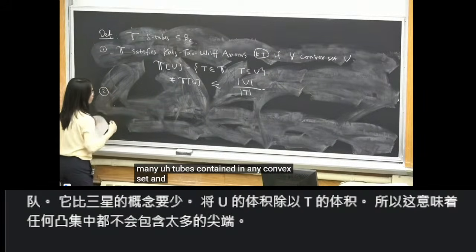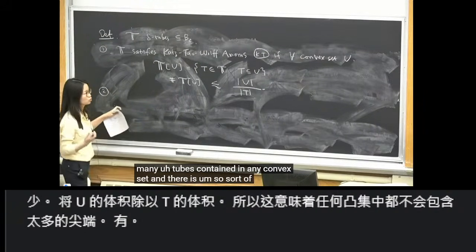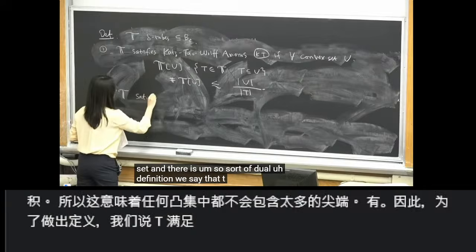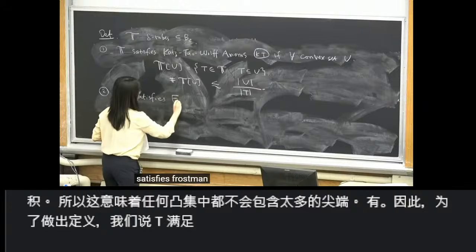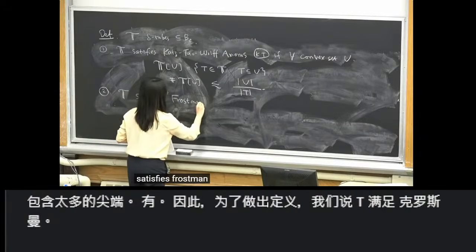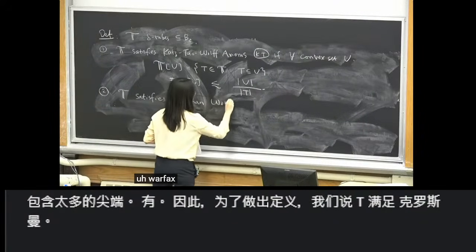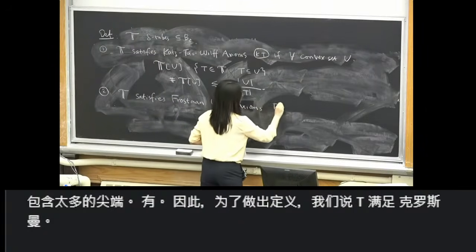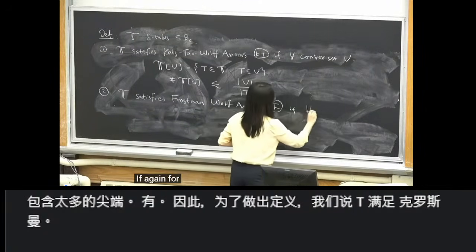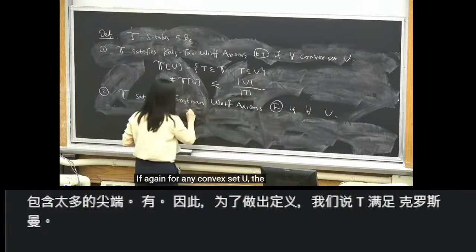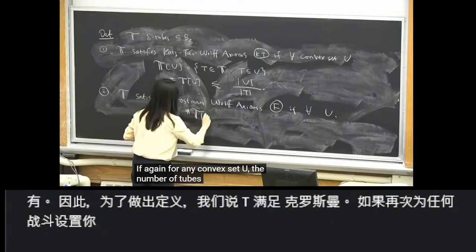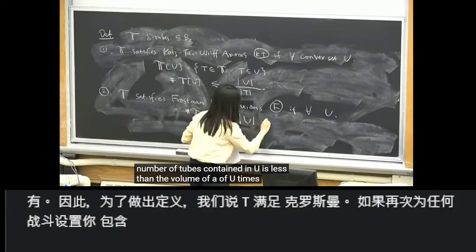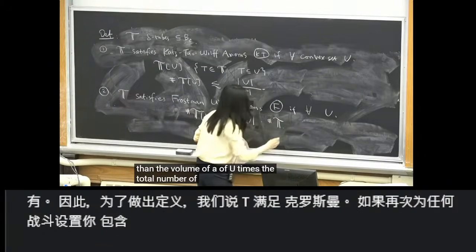And there is sort of a dual definition. We say that T satisfies the Frostman-Wolff axiom if, again, for any convex set U, the number of tubes contained in U is less than the volume of U times the total number of tubes.